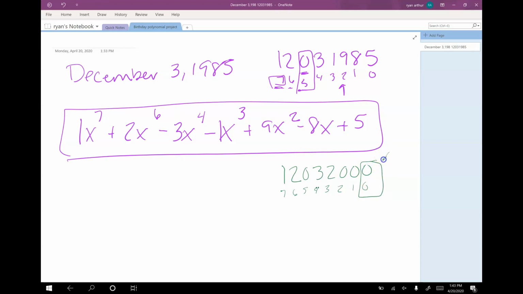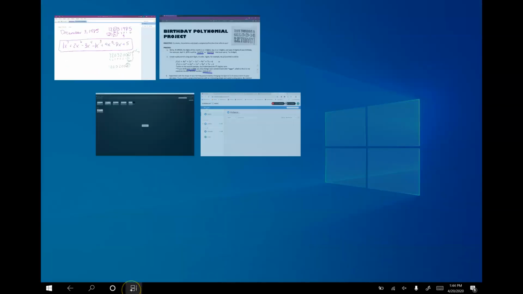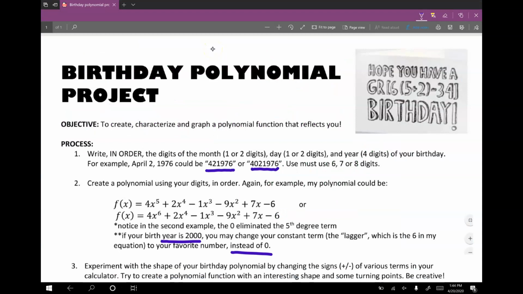So you can change this last number to whatever number you want to, but keep in mind it's 1 through 9, no double digits. So you can change it to 12/03/2008 if you wanted to. Okay, but don't have a constant as a 0. Have a number for a constant. Alright, so we go back to the PDF.